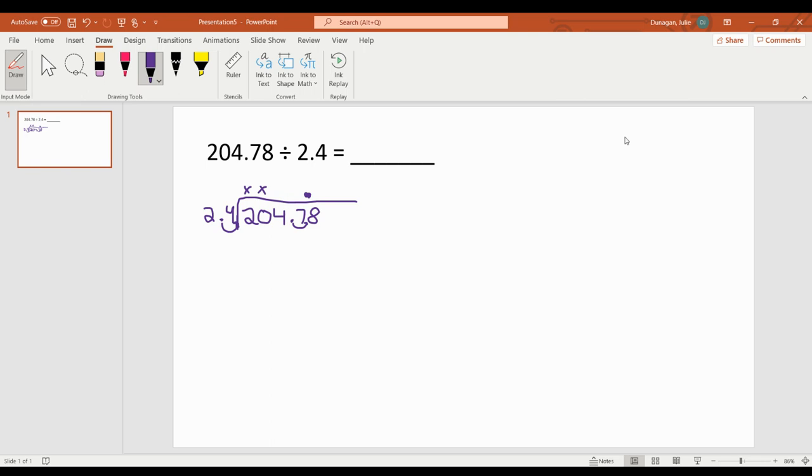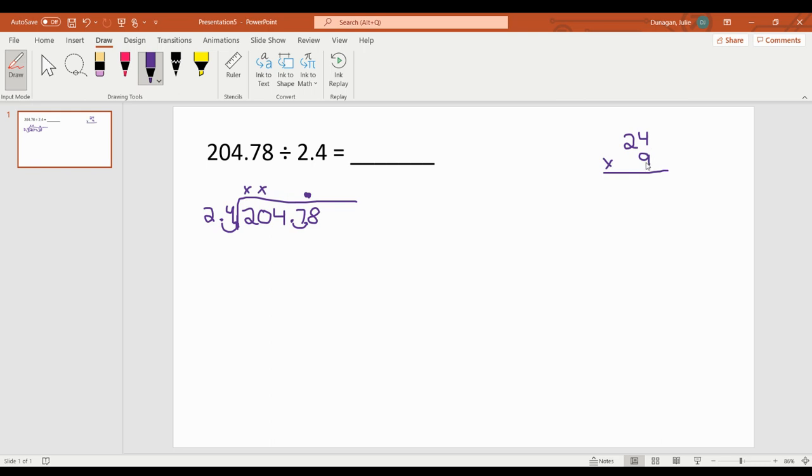The first thing I'm going to try is 24 times 9, because 24 is kind of close to 20, but I'm just not sure. So I'm going to do this out.